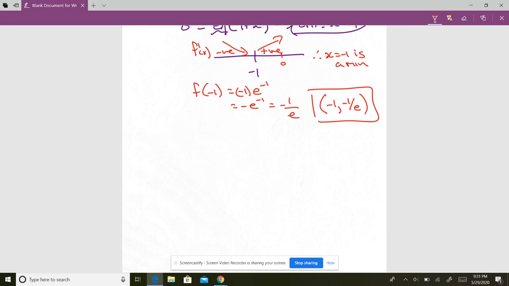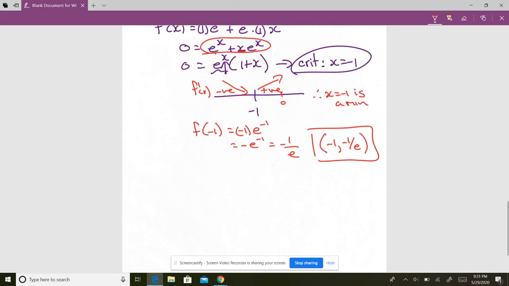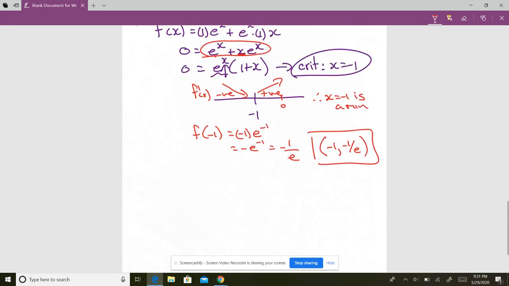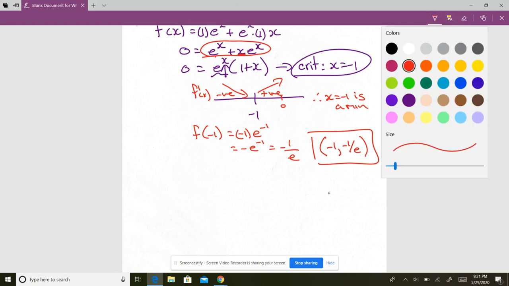Let's find, well, we'll use the same function. Number 4, we'll do 5.